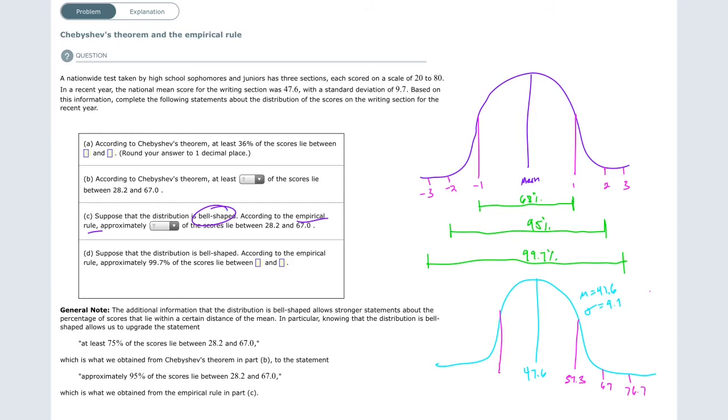On this side, you're going to subtract it. 47.6 minus 9.7 would be 37.9.